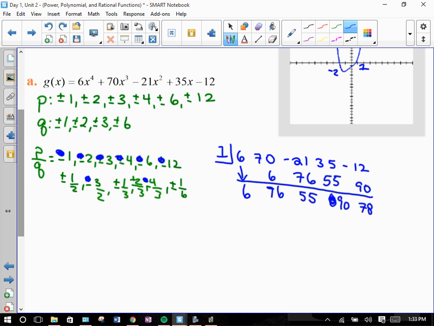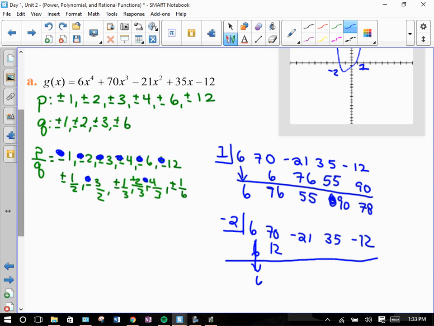We said -2 would be our lower bound. So we have 6, 70, -21. Get ready with your calculator for the multiplication. 6 is down here. 12. But it's -12.